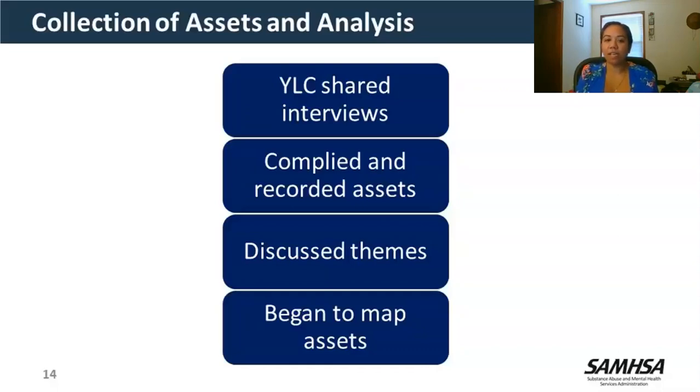It's literally a map of your community, and you can use little icons to map where there are assets. You can have comment bubbles, and you can embed videos and links. They actually had a Google representative come out and train them so that they could begin to do some of that mapping on their My Map.